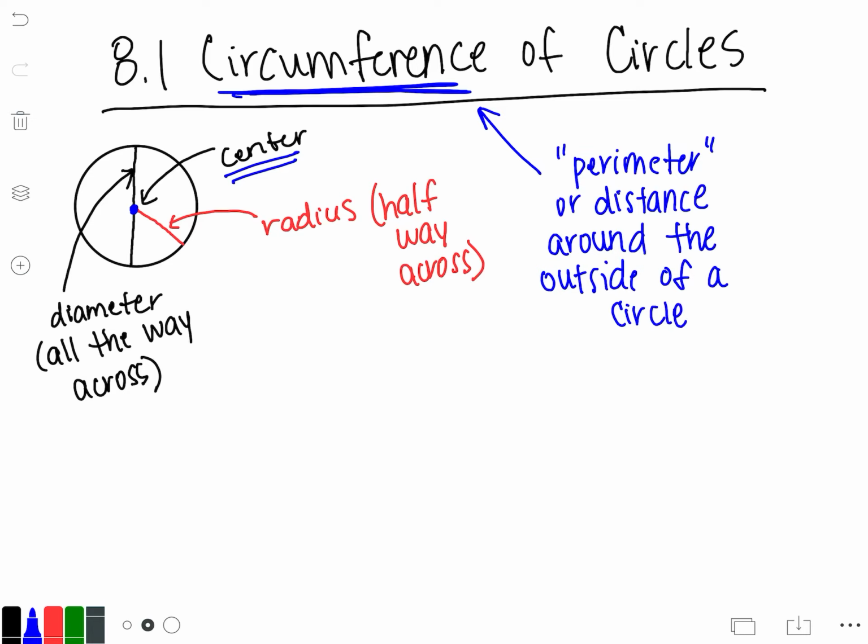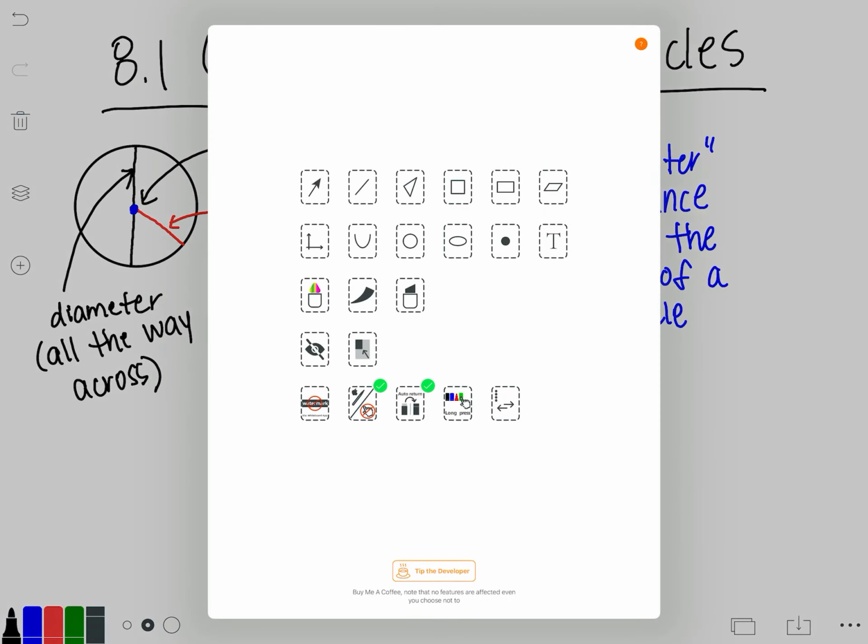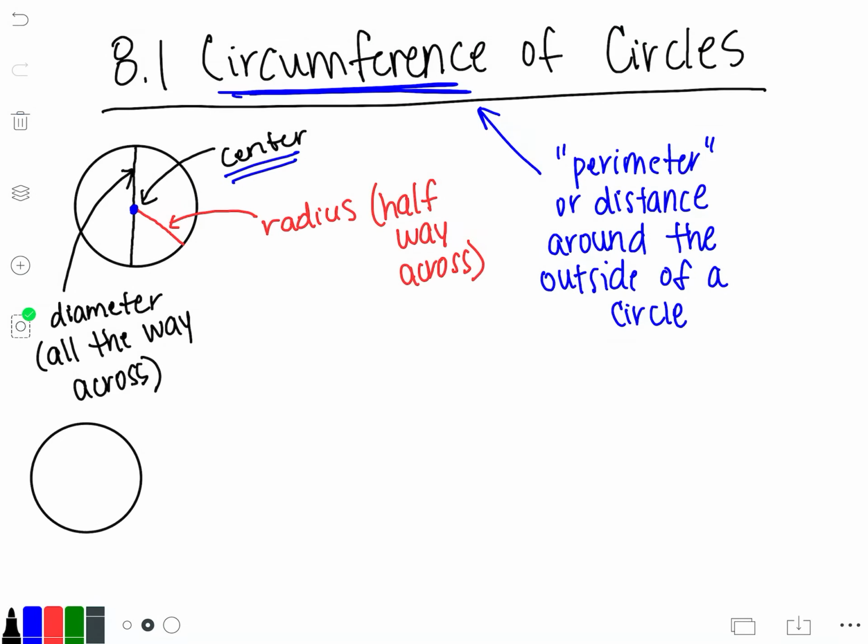And so in order to find the circumference, you need to know things like the radius or the diameter of a circle. That's why I gave you those vocabulary words. Let me draw another circle. And let's say that you have a length that looks like this.